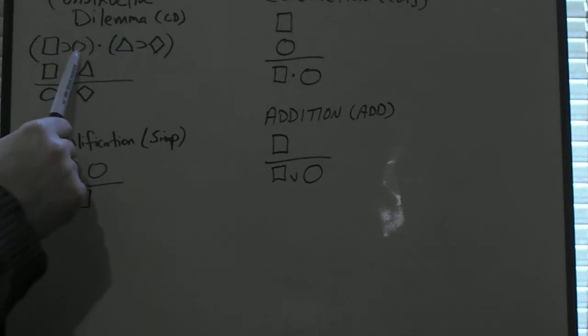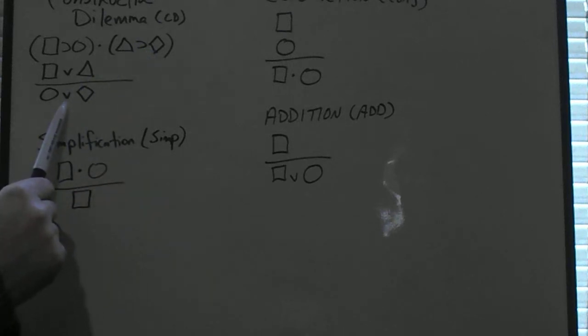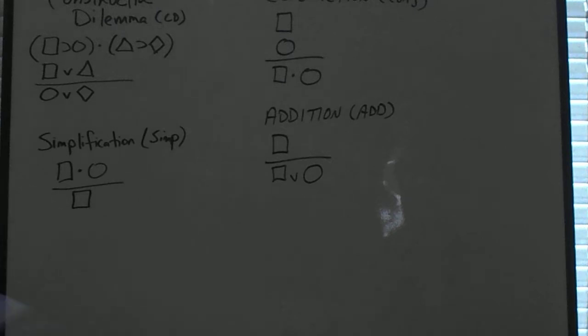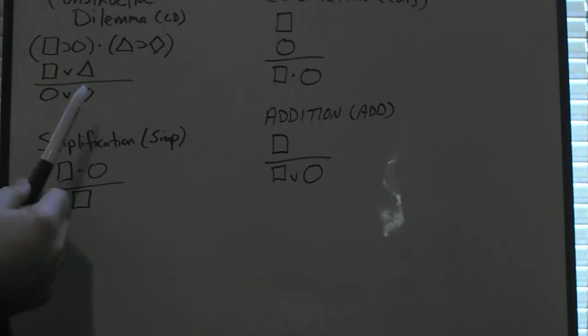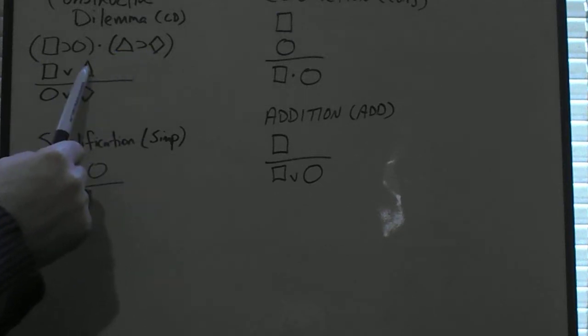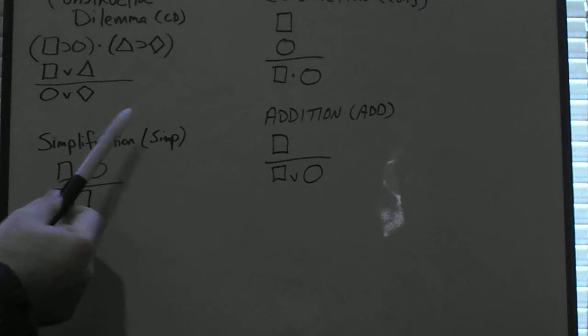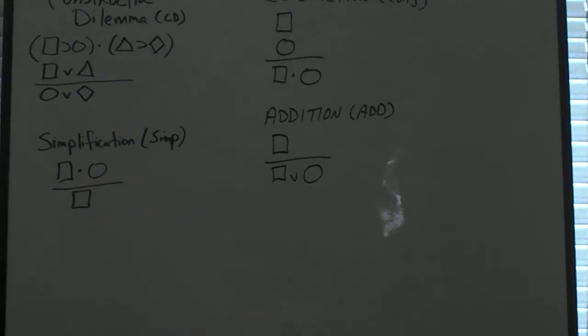In your conclusion, the two consequents joined together by a wedge. And as I explained last time, it's basically like two modus ponens that have been stuck together. If square, then circle, square, therefore circle, and if triangle, then diamond, triangle, therefore diamond. So this form is a constructive dilemma, CD, and it is always a valid form.